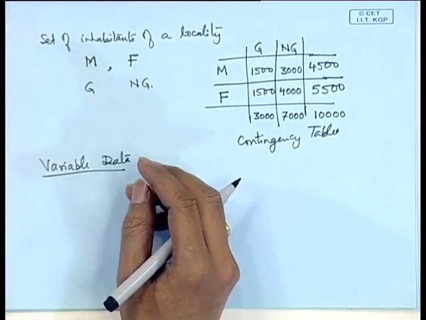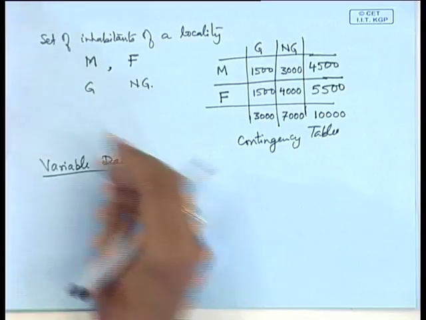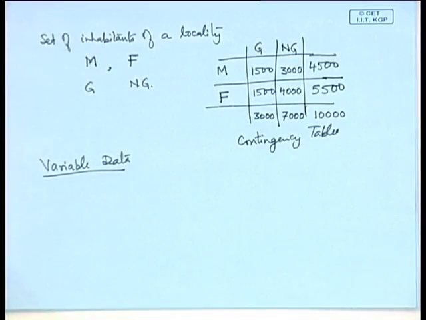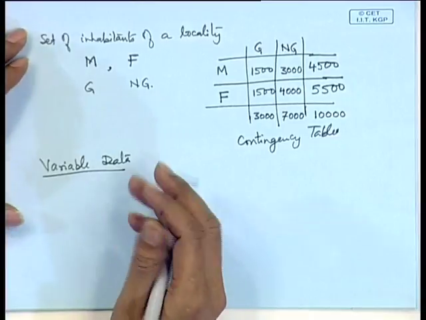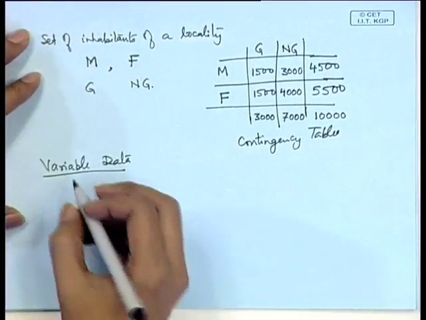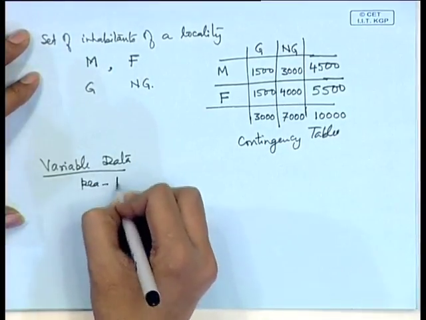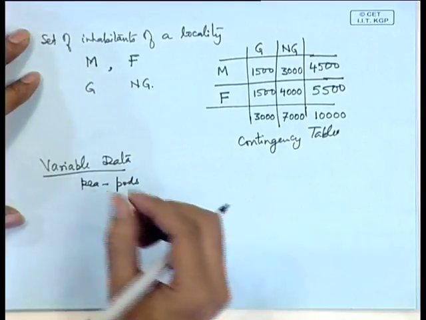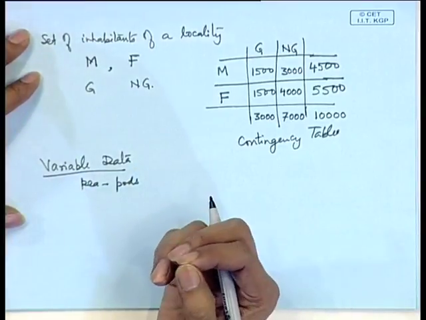Now, we consider variable data. Suppose the data is recorded on the number of peas in certain pea pods. So, in each pea pod, how many peas will be there? There may be no peas, there may be 1 pea, 2 peas and so on.